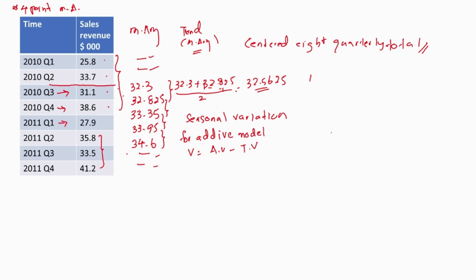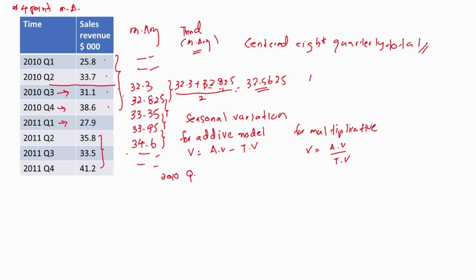This is for the additive model. So this will give a plus or minus value. For the multiplicative model, we can calculate the variance by dividing the actual value by the trend value. We should calculate variances for each time period.